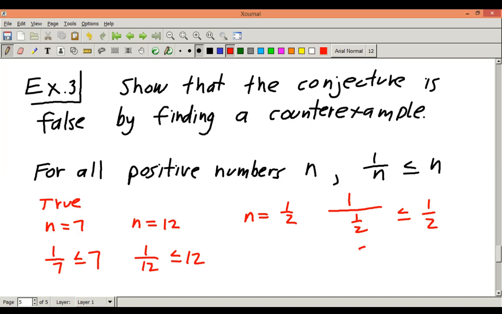There's 2 1/2s in 1, so you'd have 2 is less than or equal to 1/2, which is false. I can stop the problem there because I have found that 1/2 makes that conjecture false. I don't need to find any more. I just need to find one, because that conjecture must be true in all cases. And we found one case where it is not true, and so the conjecture is false.